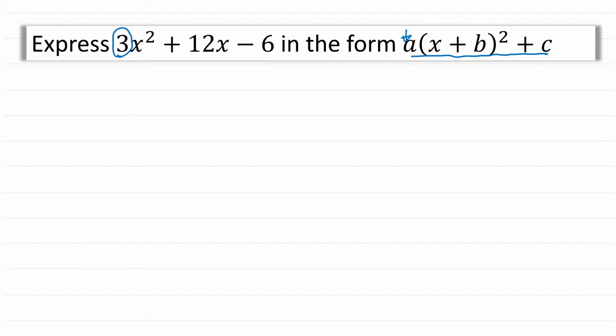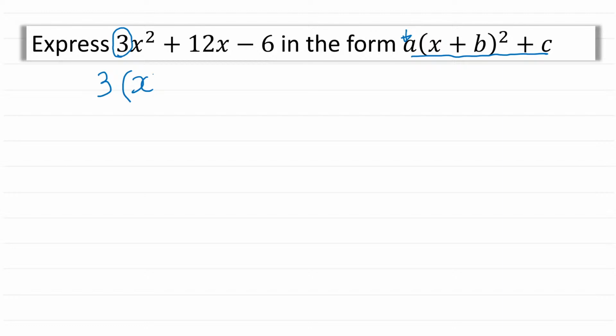Well, we need to factorize. We cannot complete the square if you have 3x squared or 5x squared. We need to have just 1x squared. So the first thing we're going to do is factorize. We're going to have 3 here and then x squared, because 3 is common everywhere.